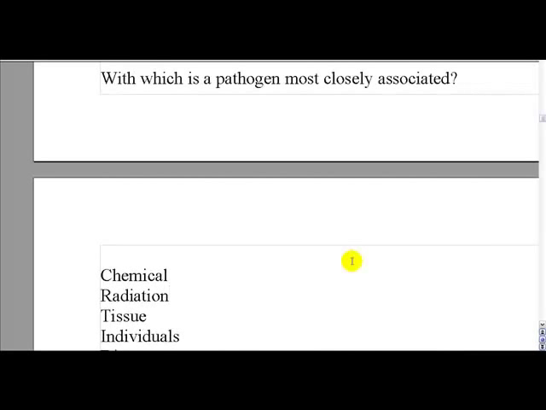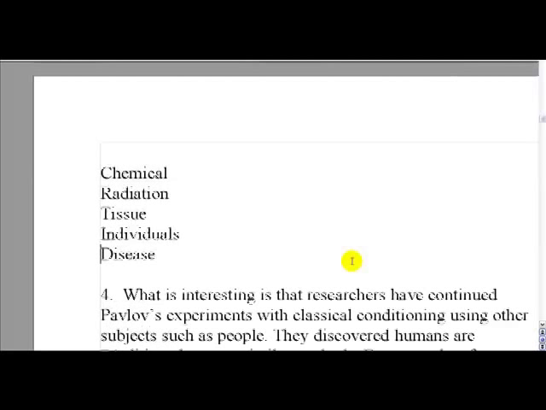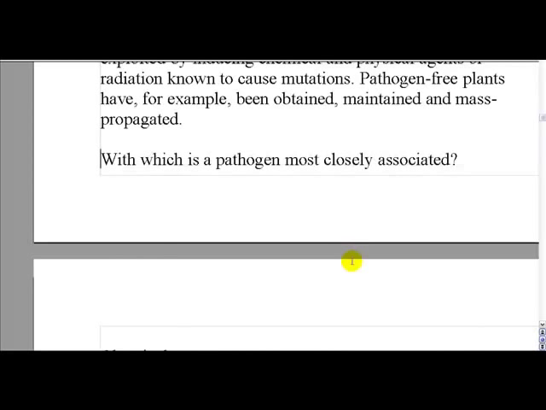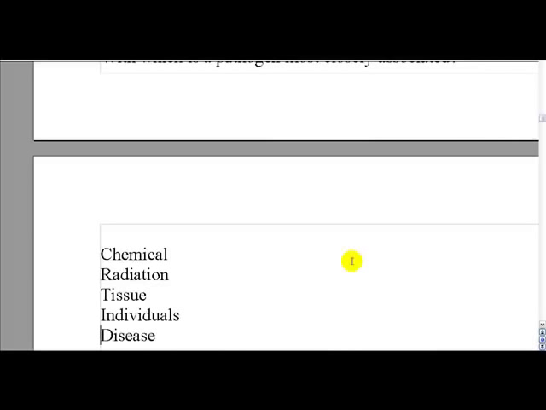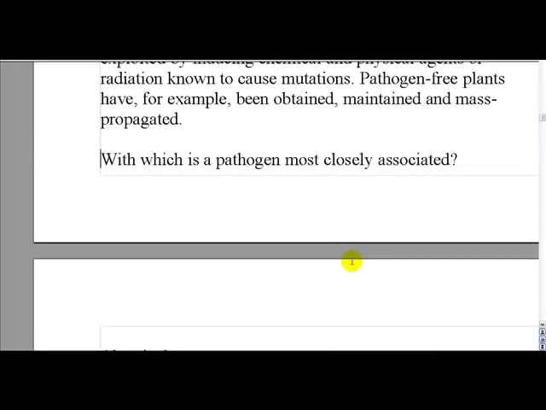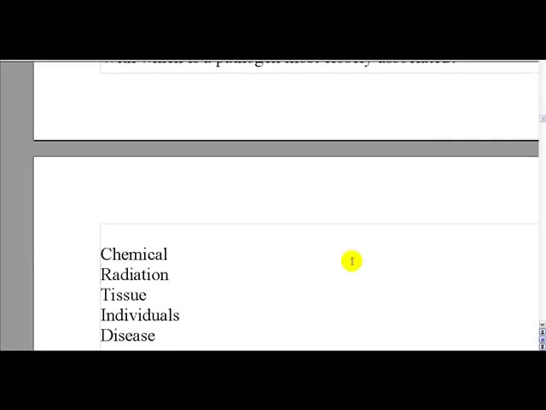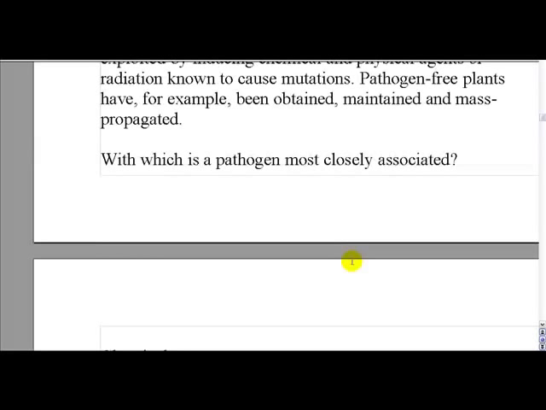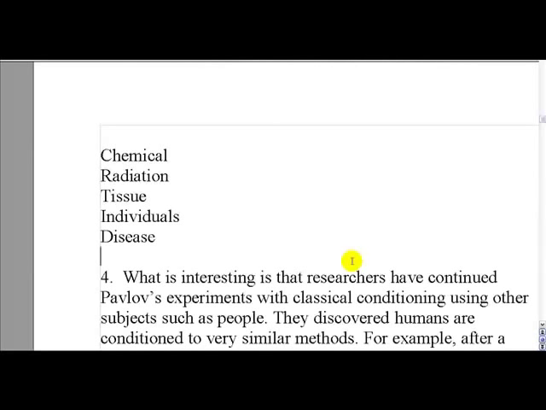So here are your choices: chemical, radiation, tissue, individual, or disease. I think that the best answer for the word pathogen is going to be disease. Pathogen-free means a plant which is free of disease. I think that would be your best answer.